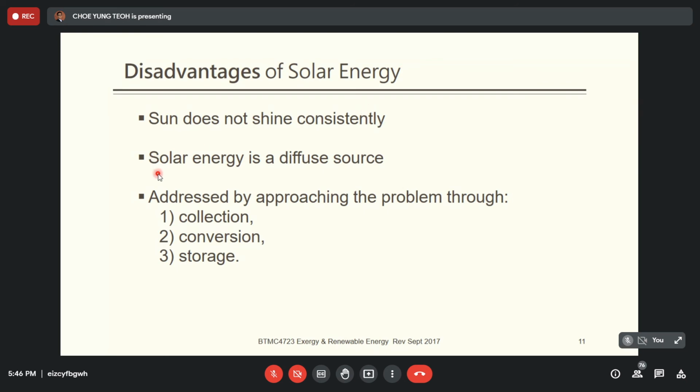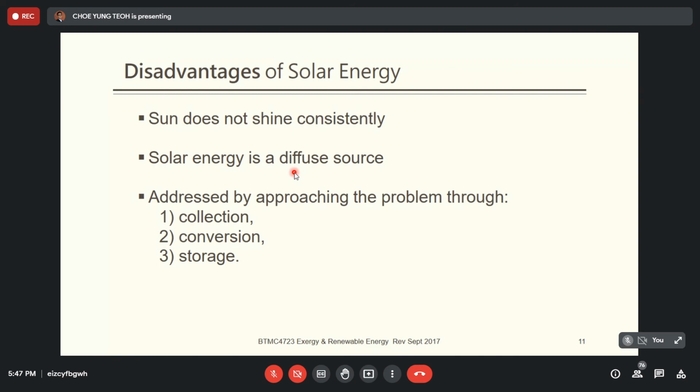And the second problem: solar energy is a diffuse source. Diffuse source means that it's not concentrated. It's diffuse everywhere. Yes, I know that solar has energy, but when you're exposed to the sun, are you really able to feel anything from the sun? You just feel the light, just a little bit of heat, but it won't kill you, because the energy density is very low.